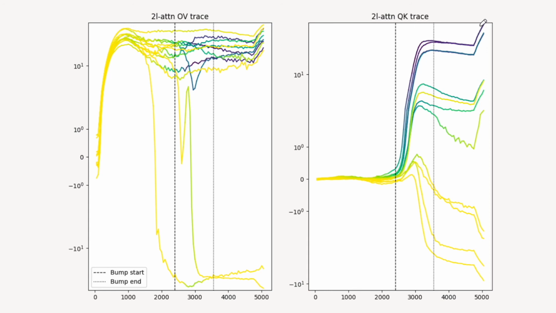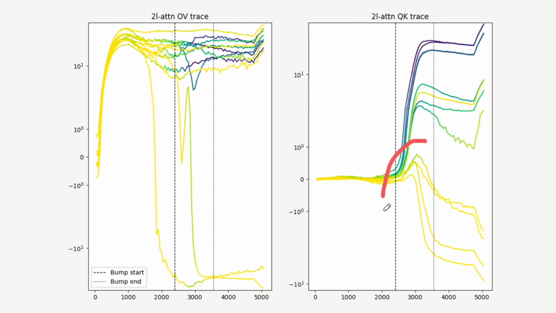And here I've colored the heads by, at the time, their overall induction score as previously. So you can see this one that ends up, this is again head 8, very dark purple, very induction-like. It's sort of developing that induction-like nature over the course of the bump. So here we see there's a collection of induction-like heads that really learn this highly similar previous token behavior over the course of the bump.